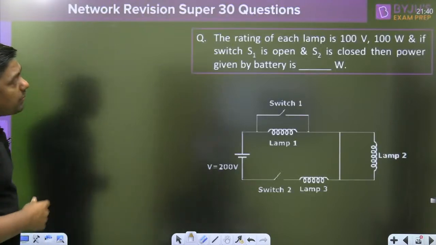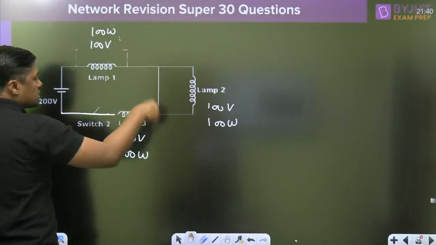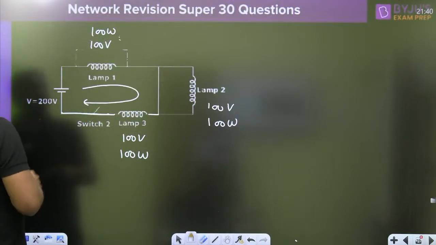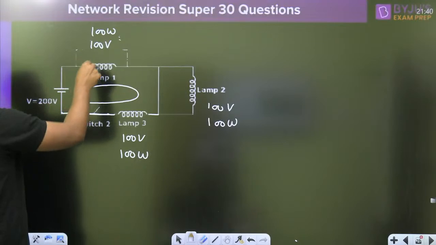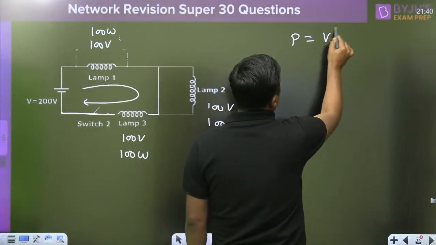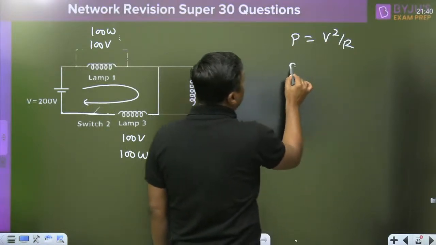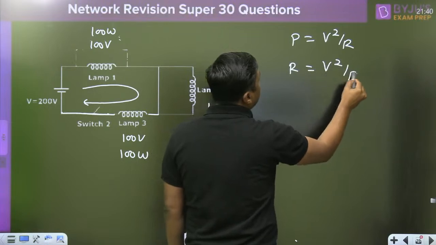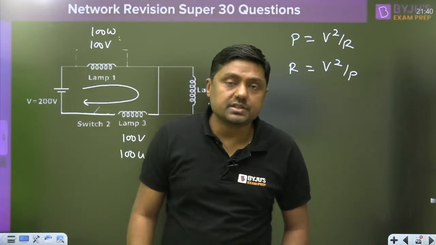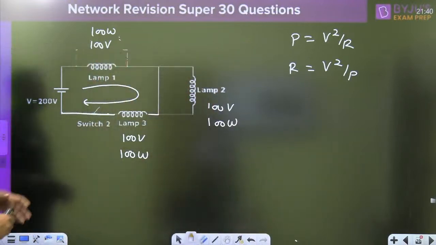This one is the short circuit. So what about the current? Current will flow like this, and this is 200 volt, so the resistance will remain the same. No need to calculate the resistance, otherwise you can calculate it: power is V square by R, so R is equal to V square by P. But no need to calculate the resistance.